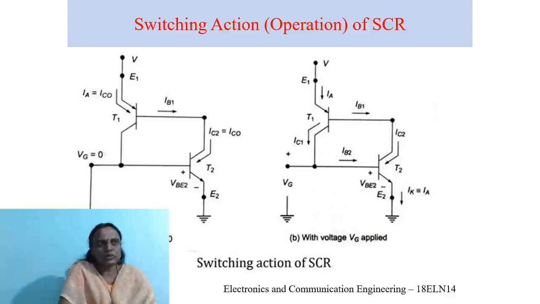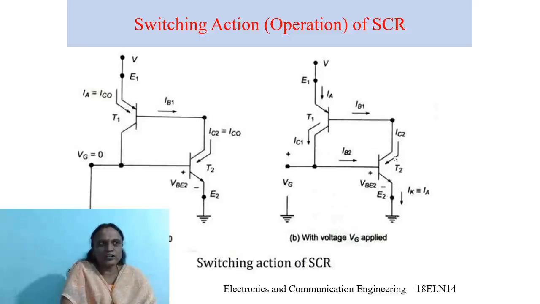Now let a voltage Vg greater than 0 be applied. In the second figure, when voltage Vg greater than 0 is applied at the gate, as VBE2 is equal to Vg and Vg is sufficiently large, VBE2 will also be sufficiently large, and hence T2 will be on.